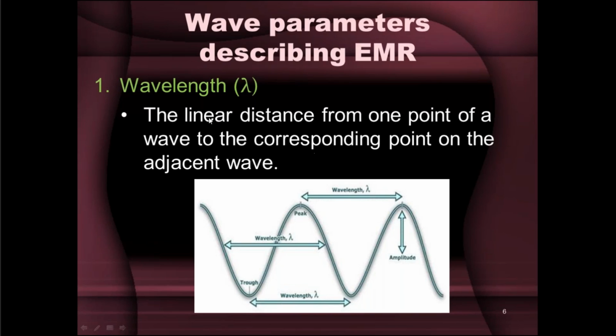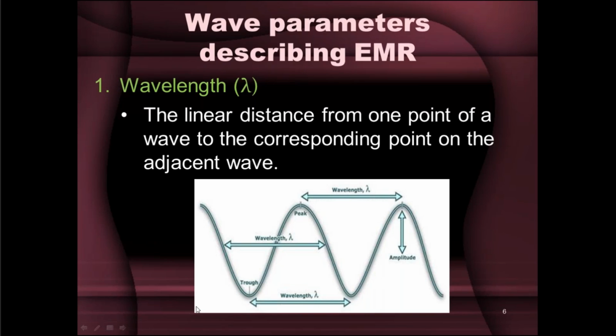So important things here are linear, then corresponding point, adjacent wave. Now generally you can see in this picture here, wavelength is given here, that is peak to peak. So the distance from one peak to the next peak, or from trough to trough.